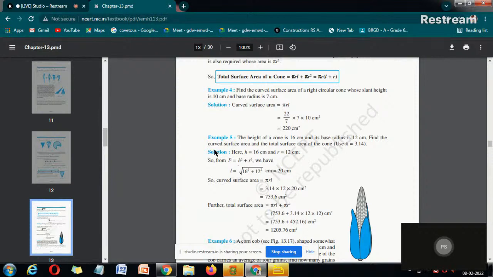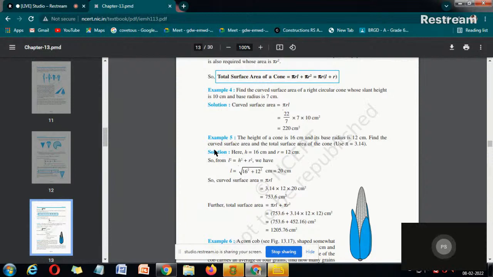Clear? Now going with our example 6. What does our example 6 say? A corn cob shaped somewhat like a cone has a radius of its broadest end at 2.1 centimeter and length as 20 centimeter. If each 1 centimeter square of the surface of the cob carries an average of 4 grains, find how many grains would the entire cob require.